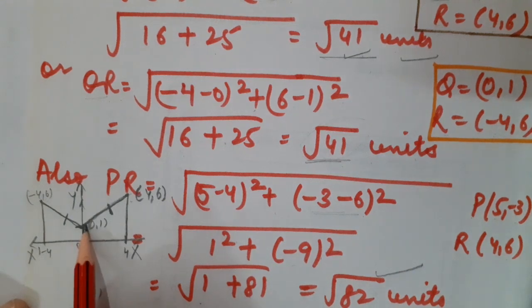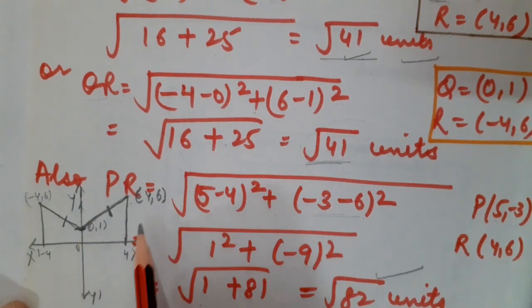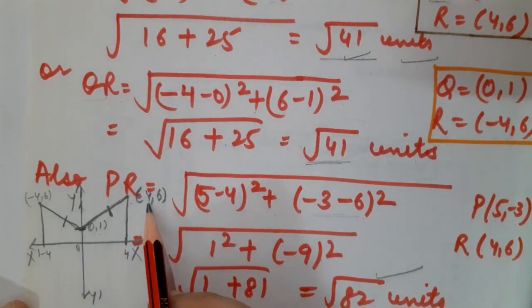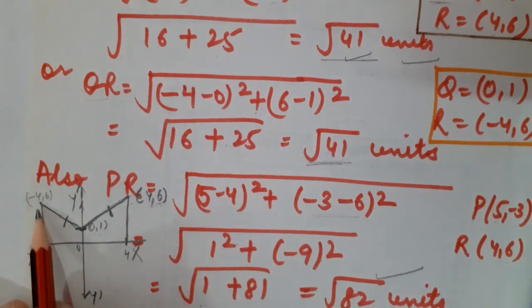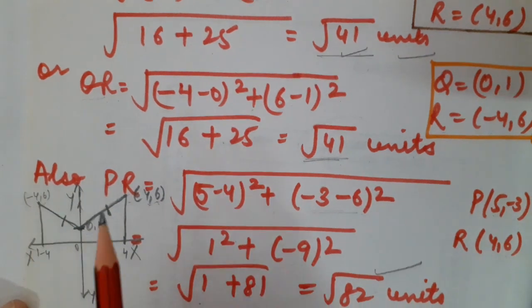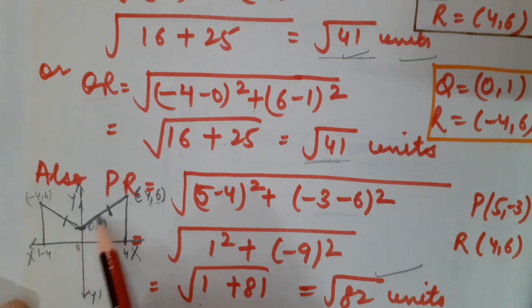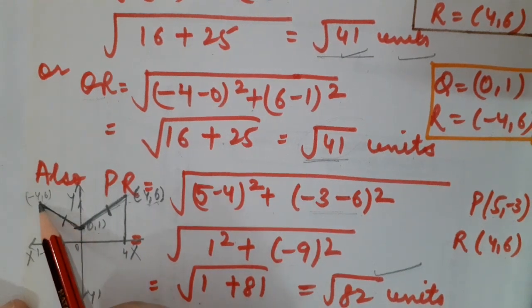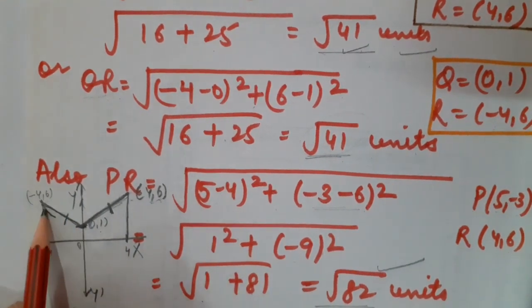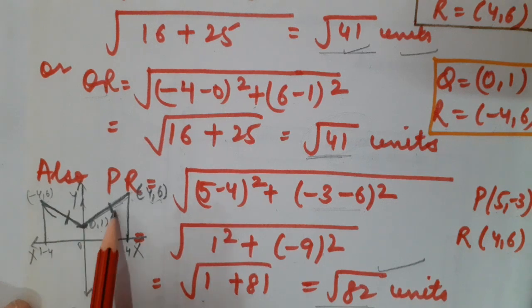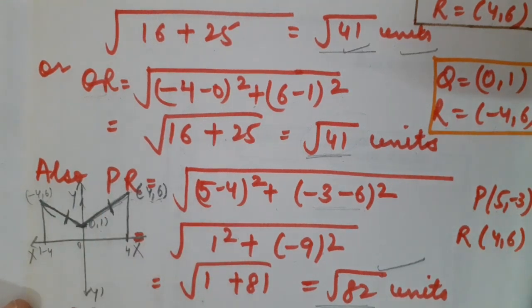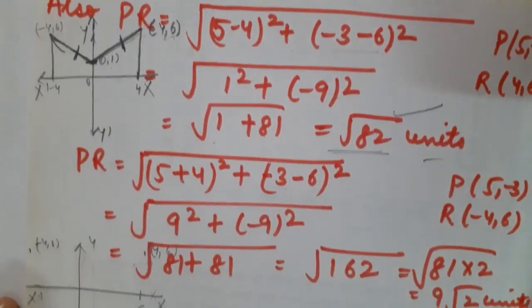So children, here I have plotted 0, 1. Fine. And by my assumption here I have taken 4, 6 and here I will be taking minus 4, 6. Now you have to see the difference: the distance between 0, 1 and 4, 6 and between 0, 1 and minus 4, 6 would be exactly the same. Fine. Now let us talk about case 2.